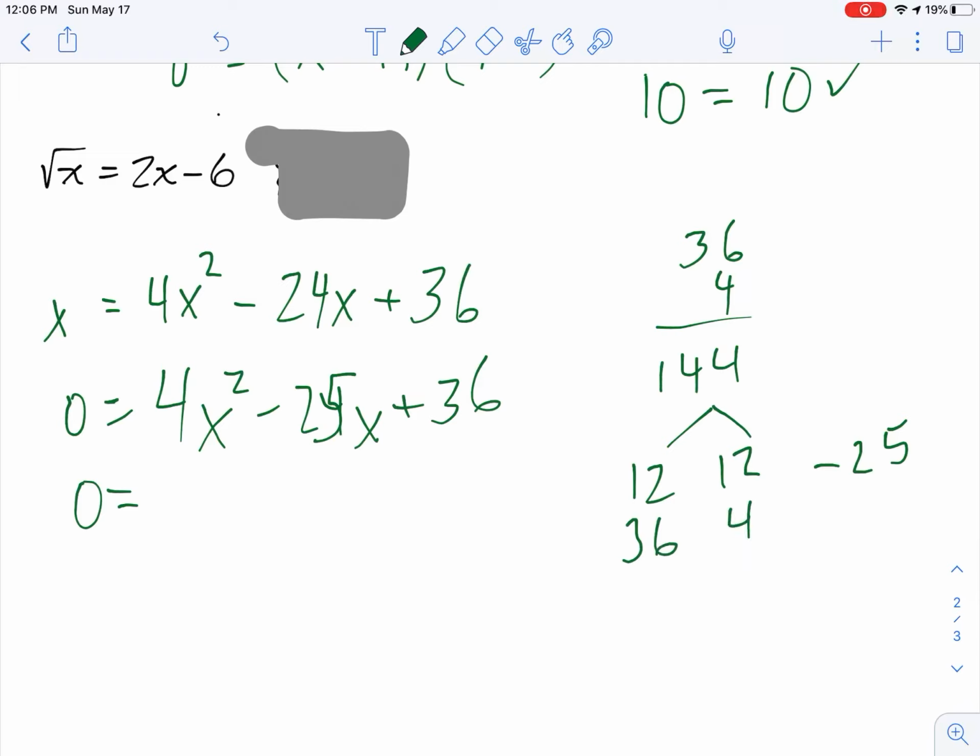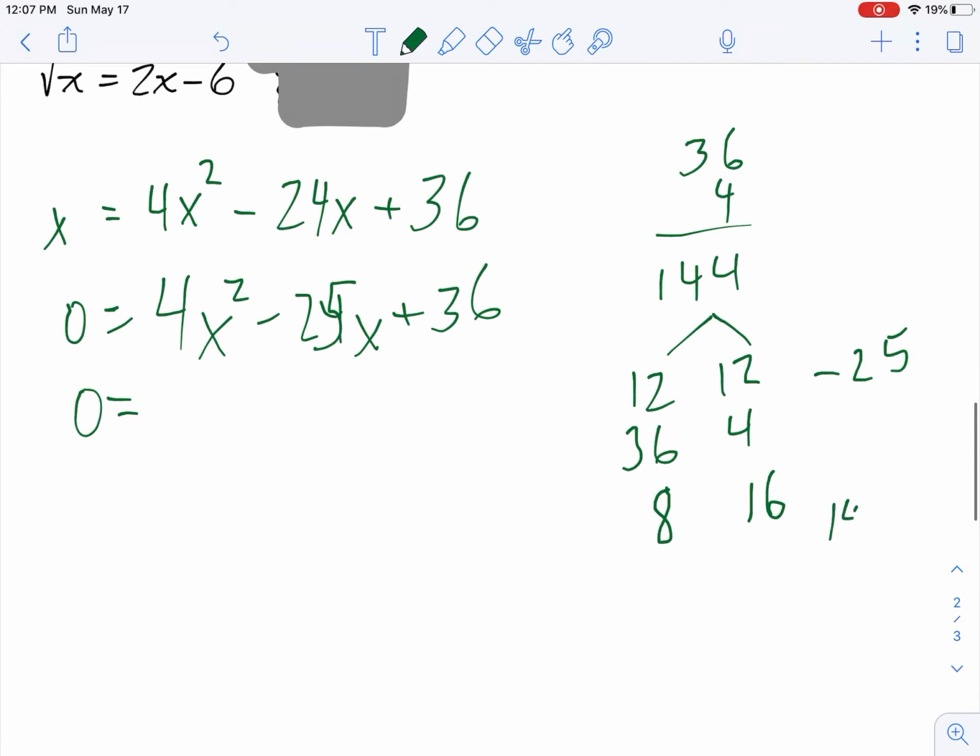Okay, no. What about, let's see, 8 and 8 goes into 144 eighteen times, 8 and 18. Well, I guess I'll just take 144, 12 and 12. Ooh, there's maybe a 9. What about a 9? 9 goes into 144 sixteen times, and then 9 and 16. There we go.